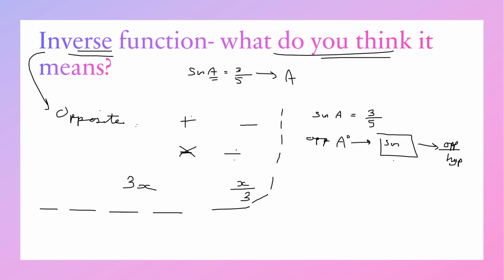But if I know my opposite over hypotenuse, how am I going to get back to my angle?